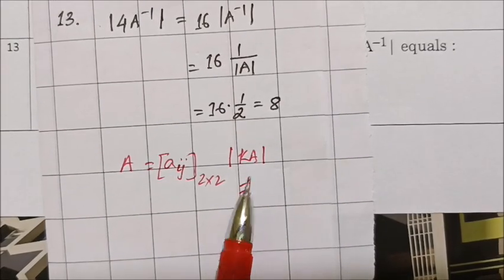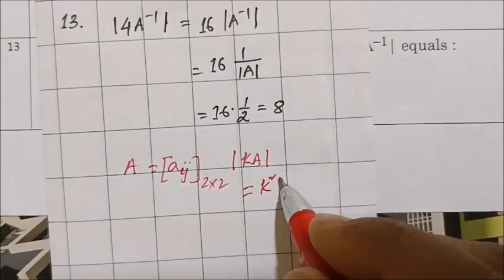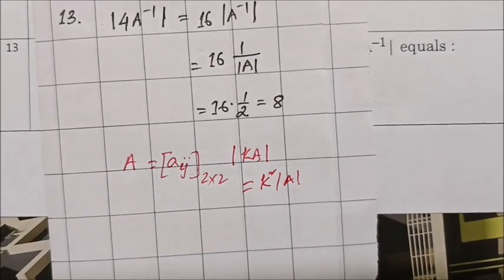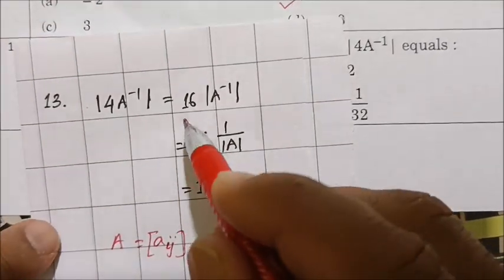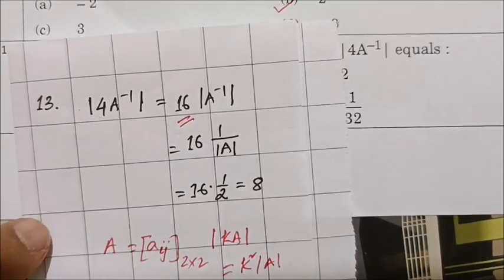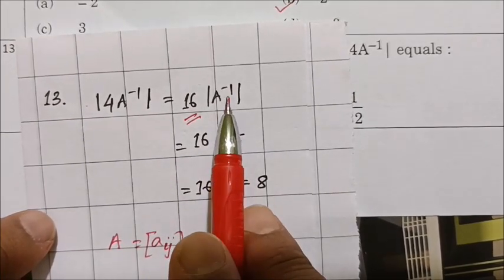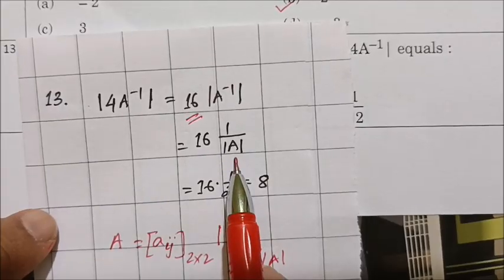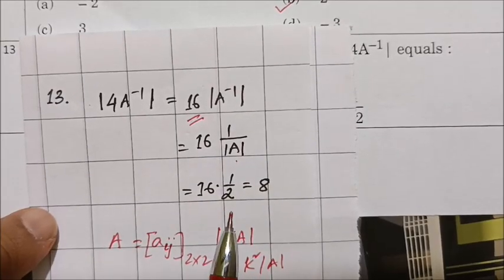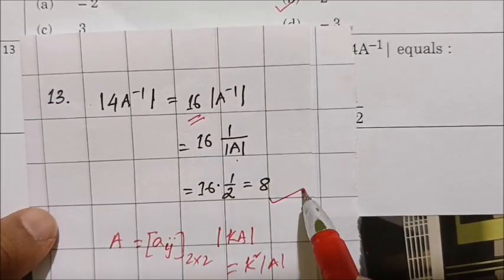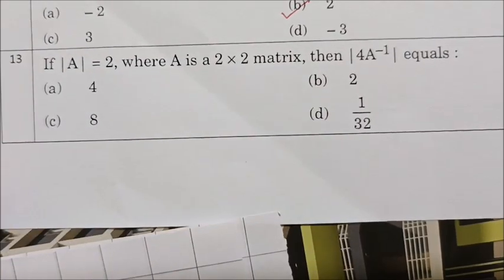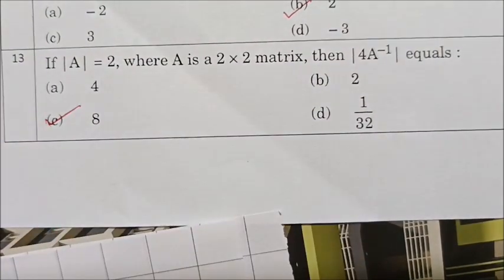So how many rows does it have? 2 rows. So K square determinant of A. That is why we are getting this 16, which is the value of 4 square. So 16, and the determinant of A inverse is 1 by determinant of A, and the determinant of A is 2. So 16 by 2 is 8. So in this case, our correct option is C.